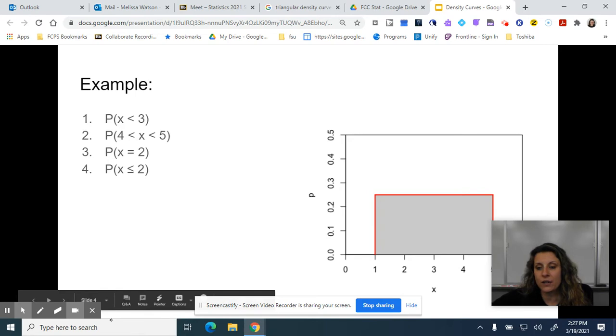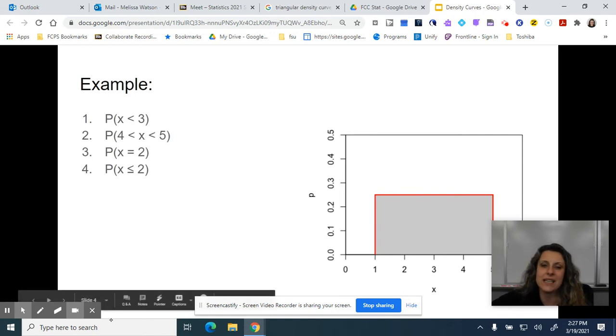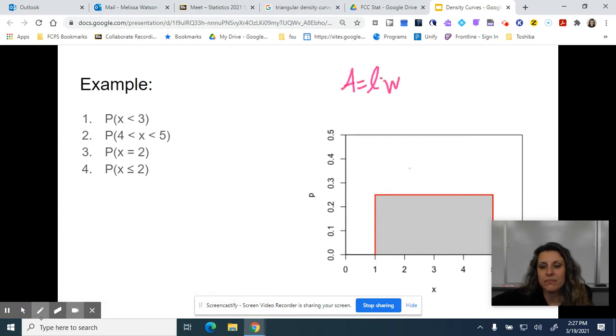The area of the shaded region that I want to try to find corresponds to the area of the rectangle that we see. So if you remember, area is found by multiplying length times width. So notice here that the length of this rectangle is 1, 2, 3, 4 units, ranging from 1 to 5.